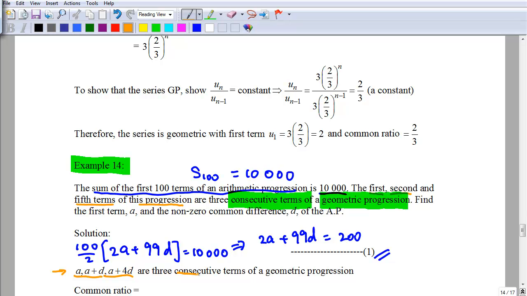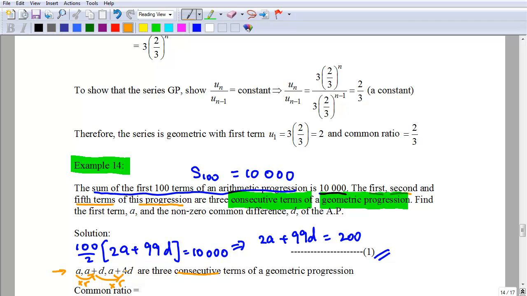What does consecutive mean? We know that it means that from the first term to the second term, a plus d, we should be able to get it by multiplying by the common ratio r. And from a plus d to a plus 4d, we should be able to get it by multiplying by the same common ratio r, since the 3 terms are consecutive terms of a geometric progression.